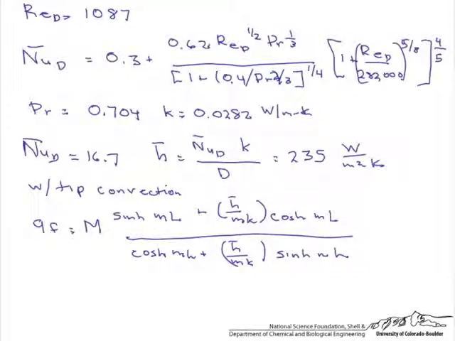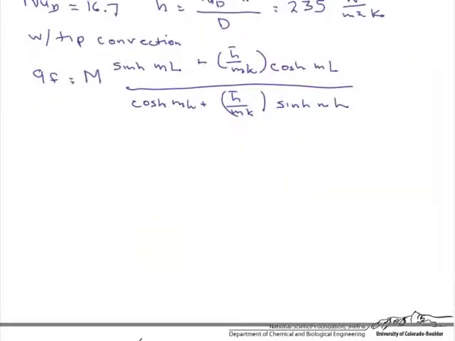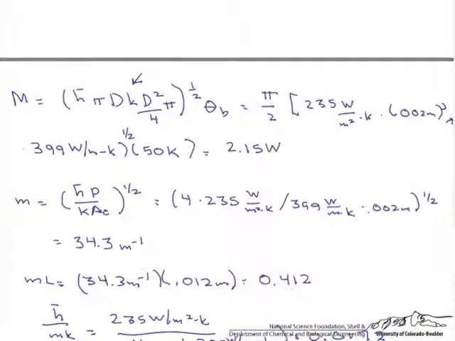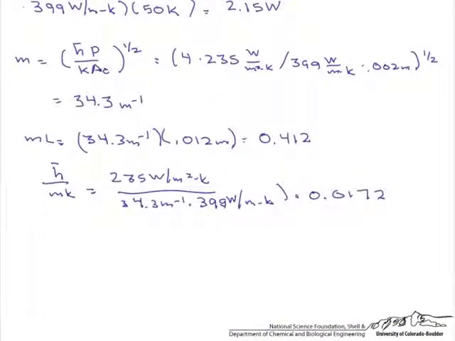We have our big M, we have our little m times L, we now have our H bar over mk. Now we can put it in the equation and find out exactly what our Q sub f is. When we put in the numbers, we find that it's 0.868 watts. So that's the Q just of the fin.